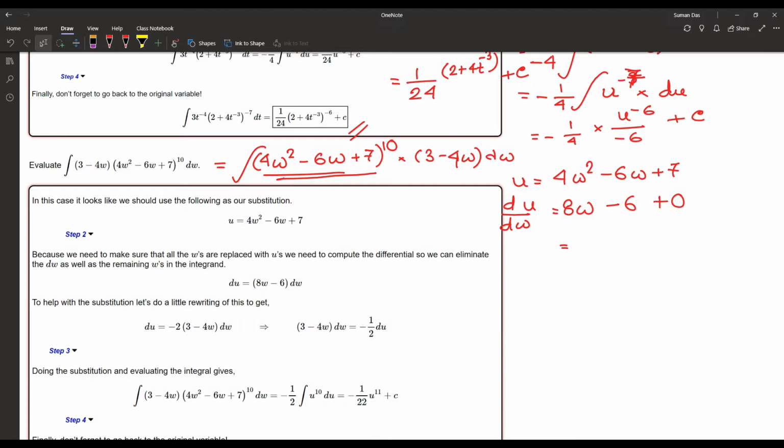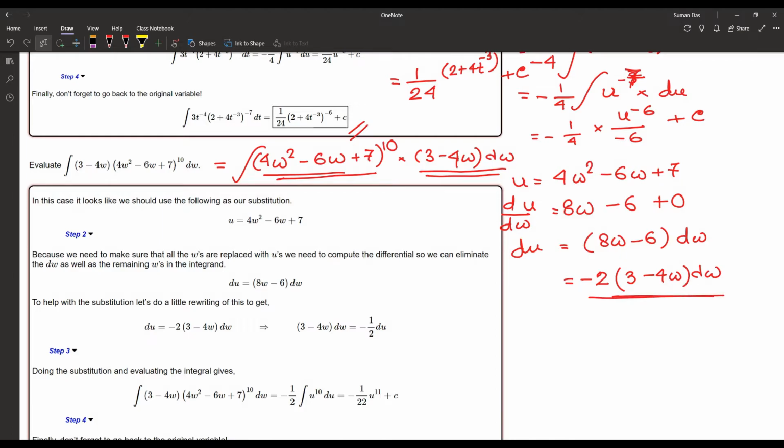So du is equal to (8w - 6) dw. Now check here, that is 3 minus 4w. So we may take minus 2 as common here. So that is becoming 3 minus 4w and dw. So du is equal to that one.